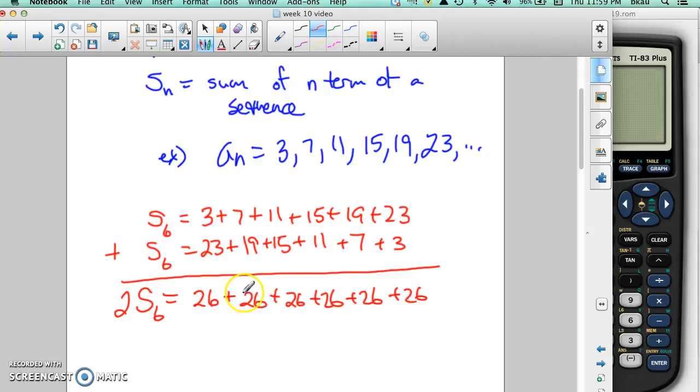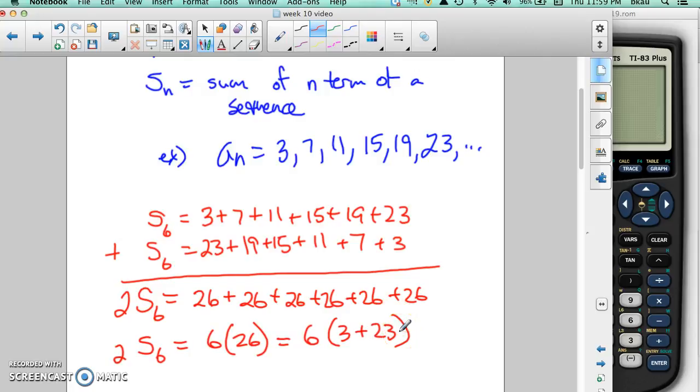So we really get 1, 2, 3, 4, 5, 6 26's. We can write this as 6 26's, or we can write it as 6 times the first term plus the last term.